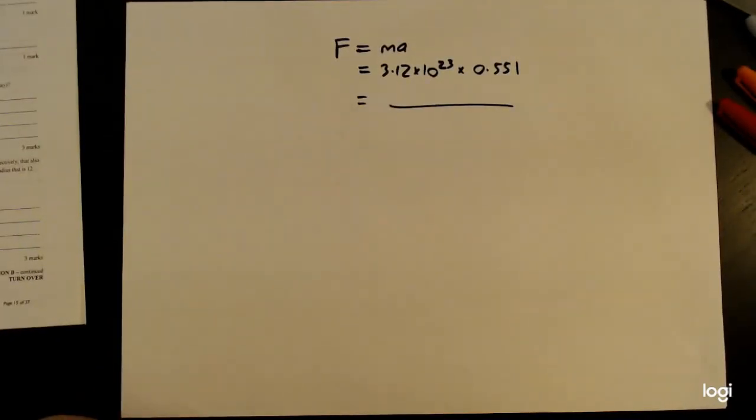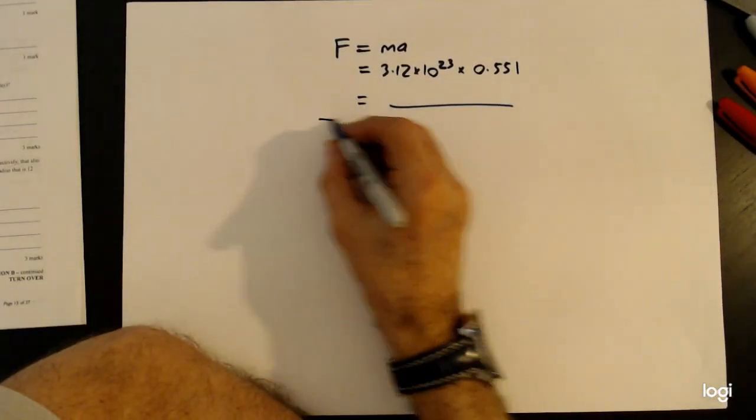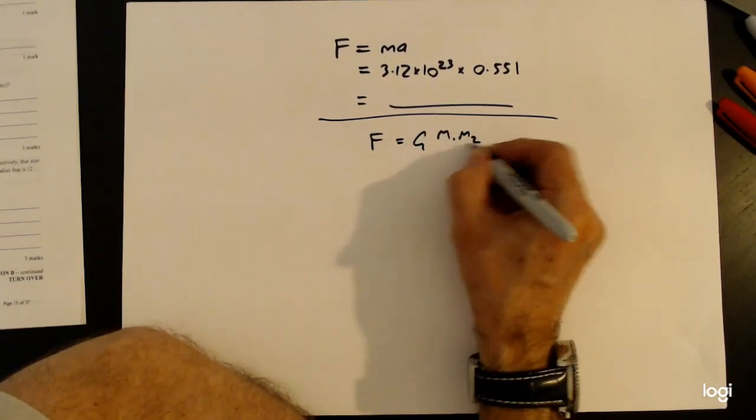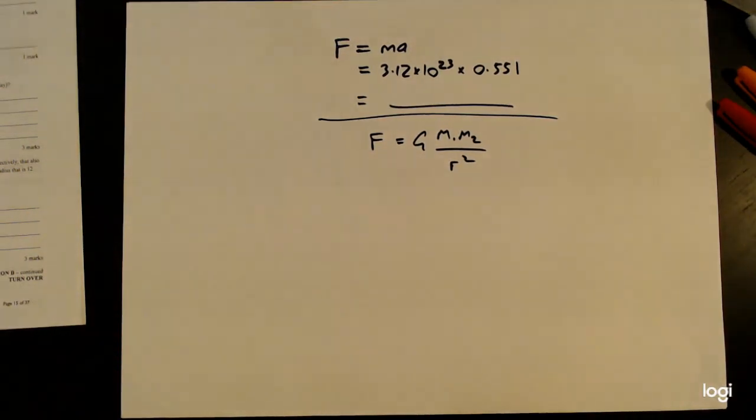Part B, what is the magnitude of the force the planet exerts on the star? Same answer, right? And that's because of this formula that we just played with before, G m1 m2 on r squared. Gravity is a mutual force between two things. When I jump off a table onto the ground, the reason I end up landing on the ground is because the Earth is forcing me with a certain amount of force.